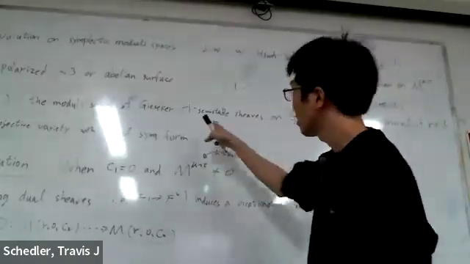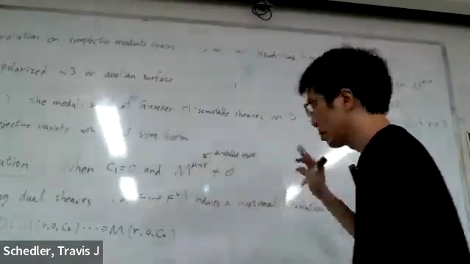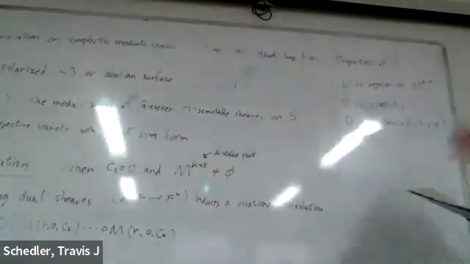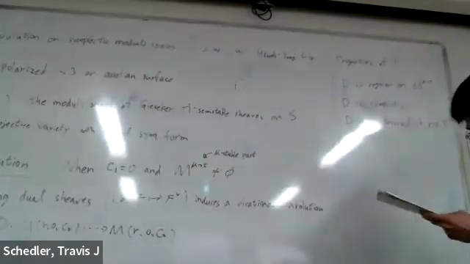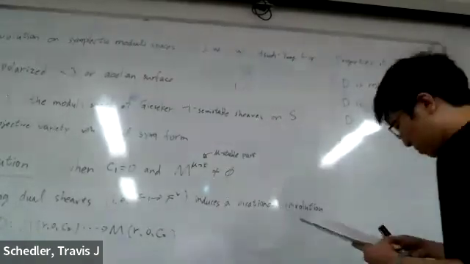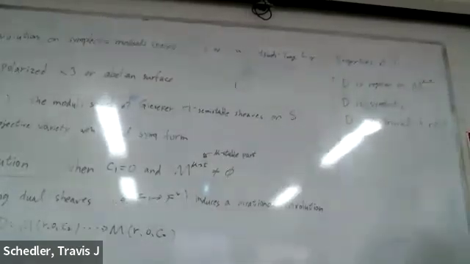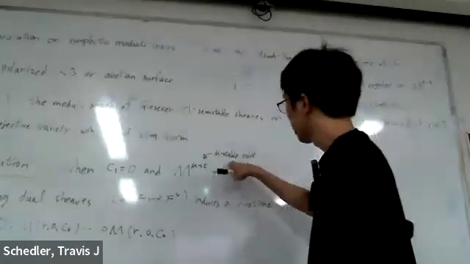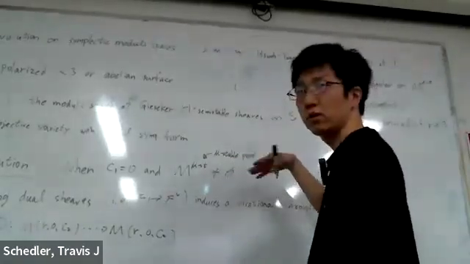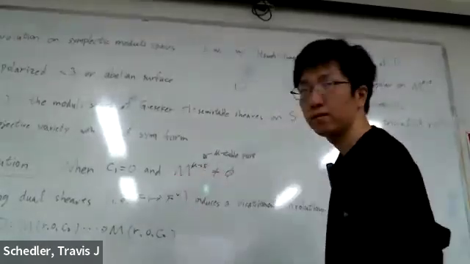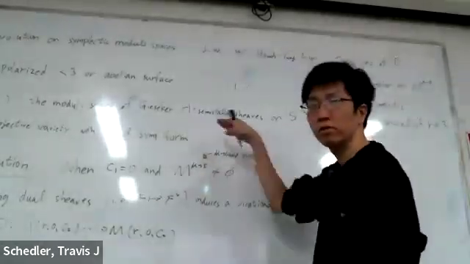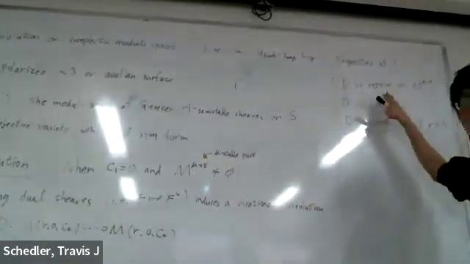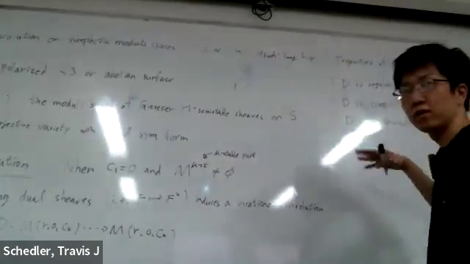In general, you do not have stability preserved under taking the dual. Mu stability is preserved on that part under taking the dual, but Gieseker stability is not preserved in general. So for this reason, this is just birational.